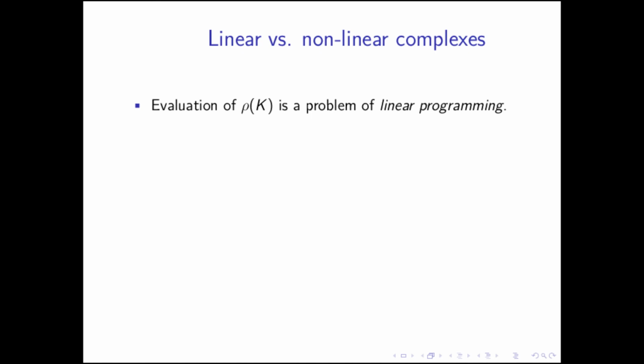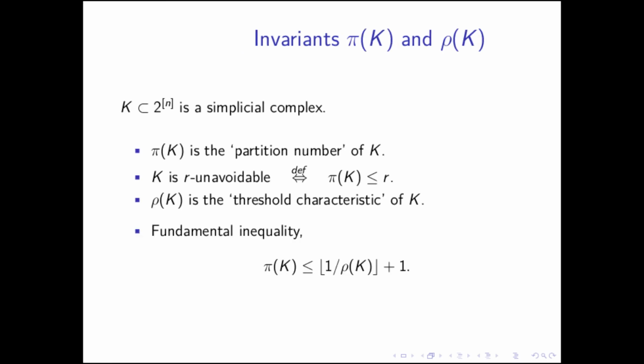And we were able to compute, sometimes by computer, sometimes for big simplicial complexes, efficiently this threshold invariant, and at the same time this provided an upper bound for the partition number.